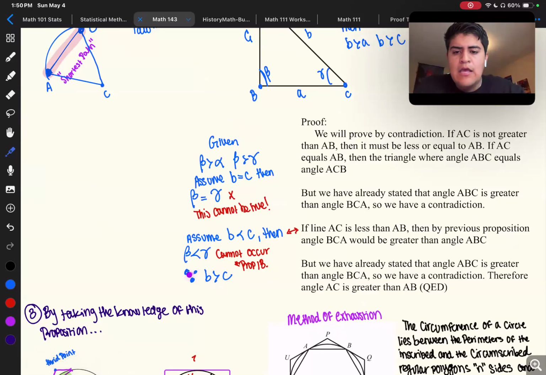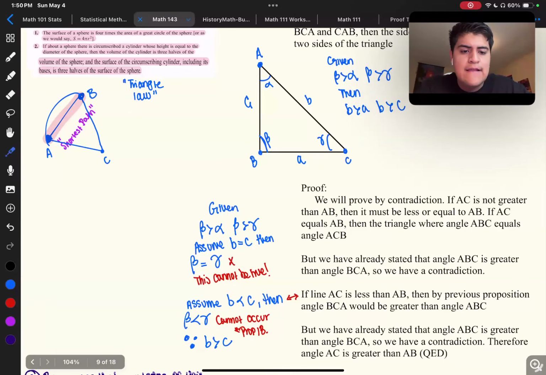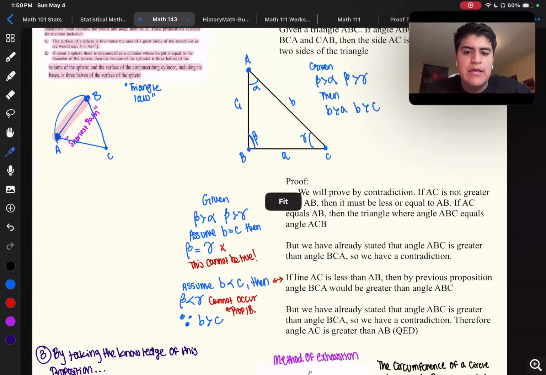So if line AC is less than AB, then by the previous proposition, angle BCA would be greater than angle ABC. But we've already stated that angle ABC is greater than angle BCA, so we have a contradiction. Therefore, AC is greater than AB.